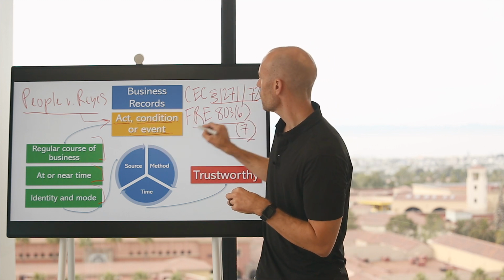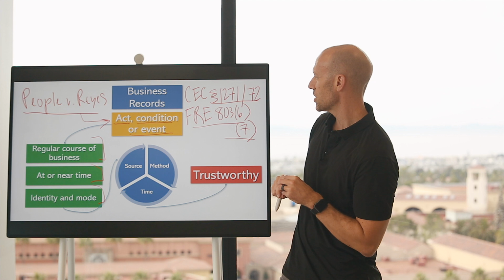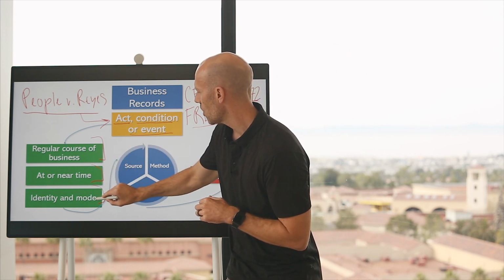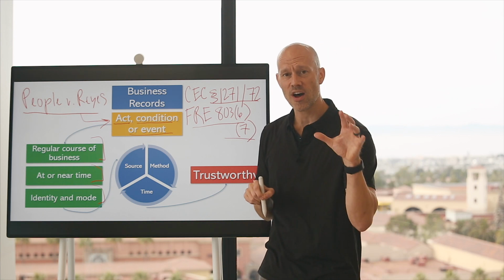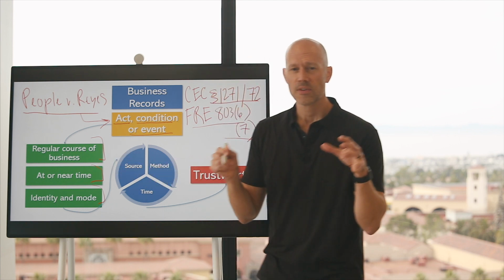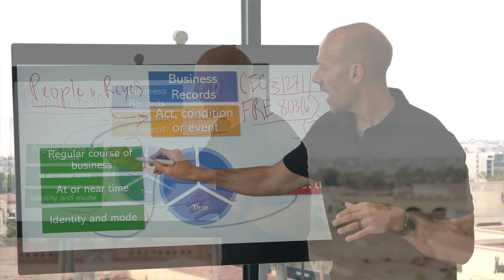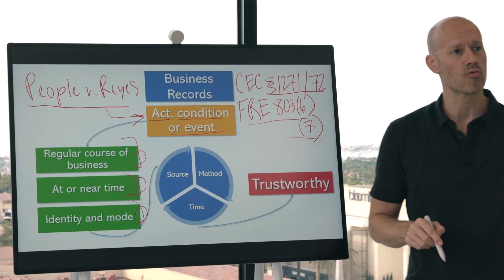Once we've determined there's a record of an act, condition, or event, we'll then want to look at the pieces identified in the statute. What we see so often in depositions and at trial is lawyers treating these requirements as checklists, simply asking to get a very rote response.